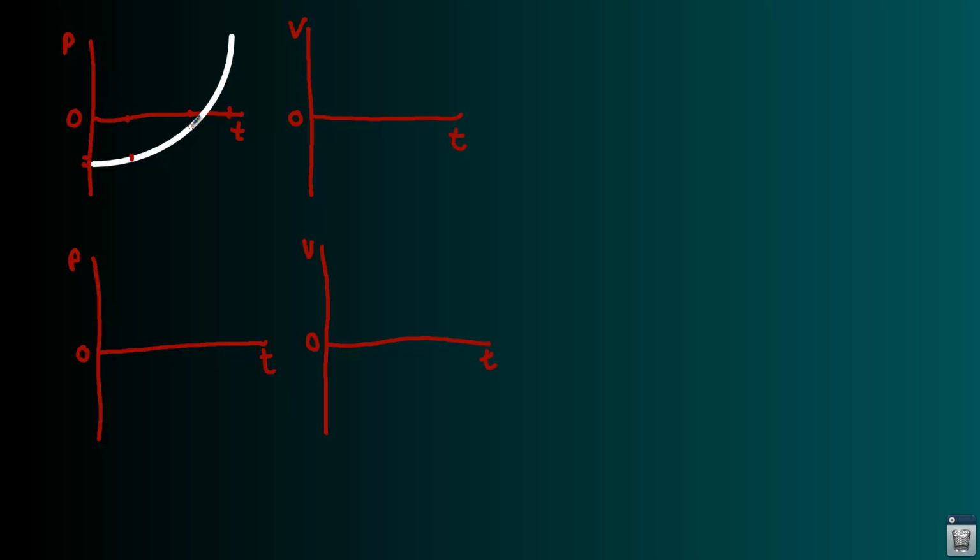But what's our position change in that time interval? Well, we start at this position at this time, and at this time we're at about this position. And as you can quickly see, we've covered way more distance. We've gone from here on our position axis to here.